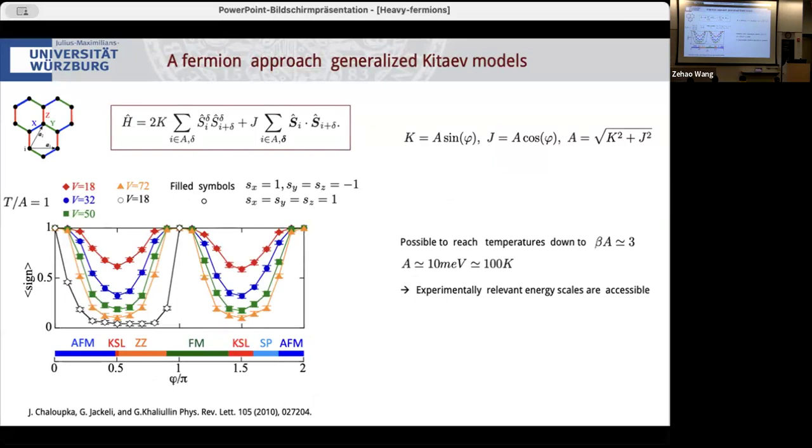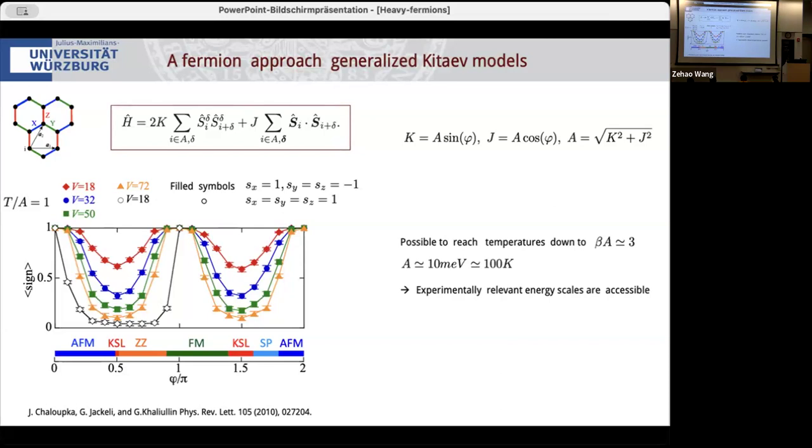T over A defines my energy scale. And I will look at the angle, which gives me how much K and how much J I have. So these points here are the pure Kitaev points. This is a ferromagnetic Kitaev point. This is an antiferromagnetic Kitaev point. This is the Heisenberg model. This is the ferromagnetic Heisenberg model.